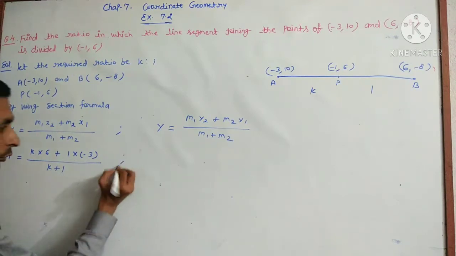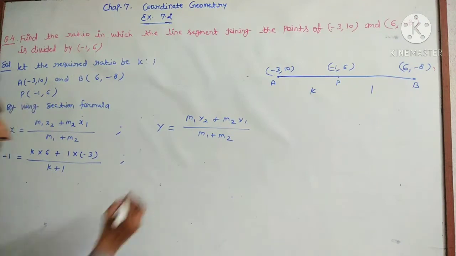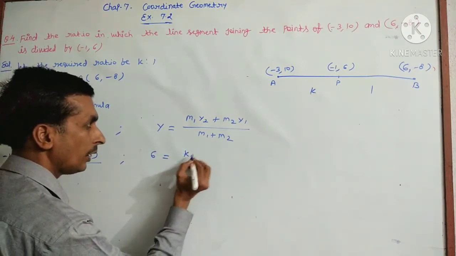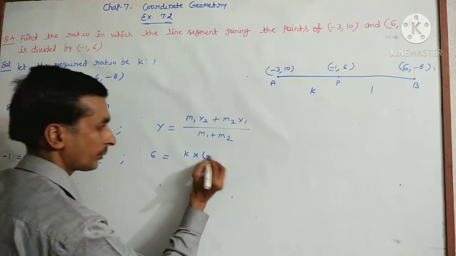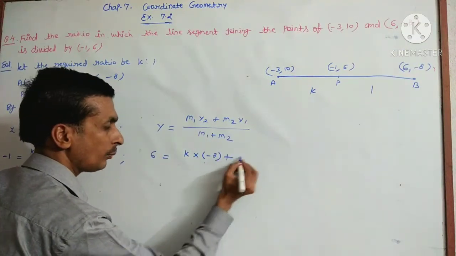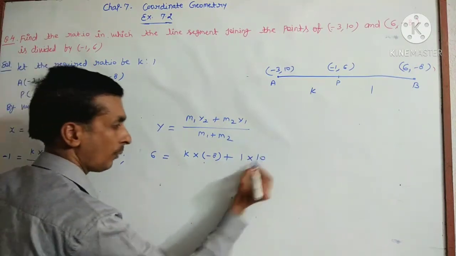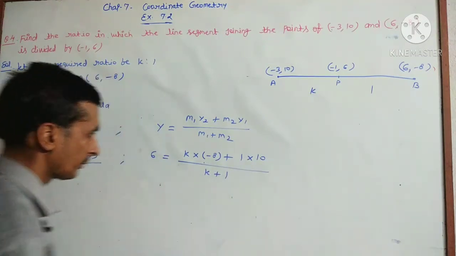Okay, now you can put the next value, the y value is 6. You can write 6 equals m1 value k into y2, that means the second one, -8, plus m2 which is 1, and the value of y1 is 10, upon m1 plus m2, which means k plus 1.